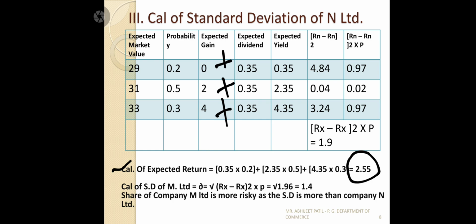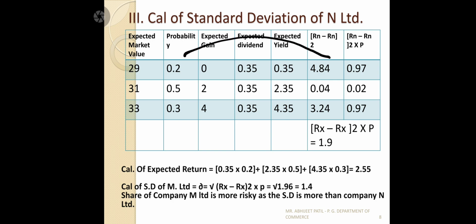Once we get the expected returns, we should find the standard deviation. The actual return 0.35 minus 2.55 squared gives 4.84, next 2.35 minus 2.55 squared gives 0.04, then 4.35 minus 2.55 squared gives 3.24. We multiply these squares with the last column: 4.84 into 0.2 gives 0.97, 0.04 into 0.5 gives 0.02, and 3.24 into 0.3 gives 0.97. The total is 1.96.